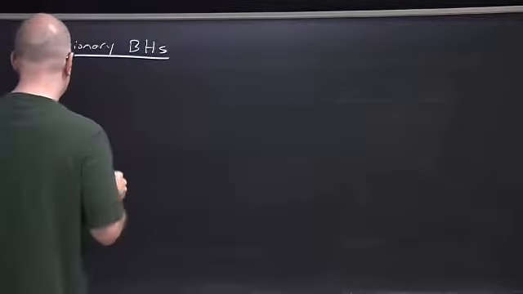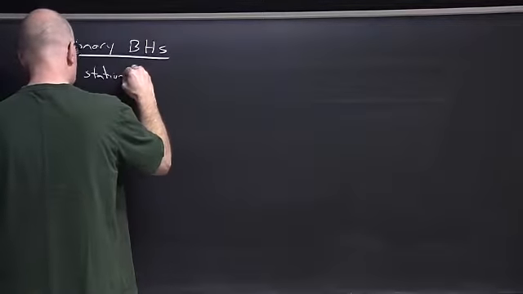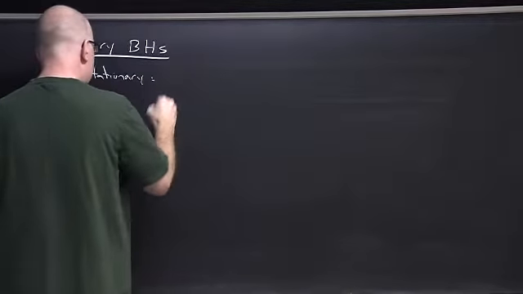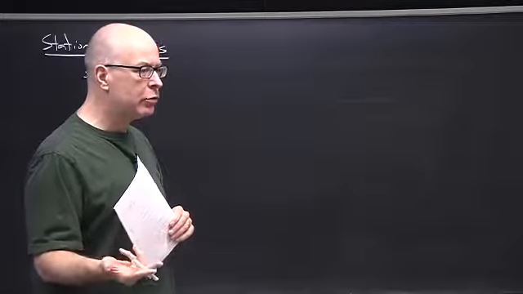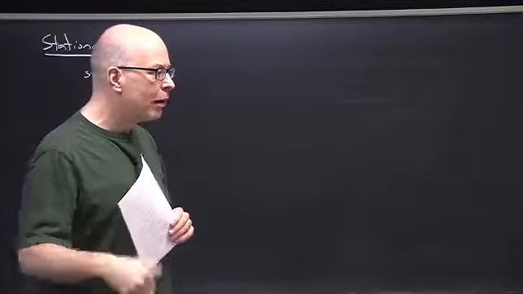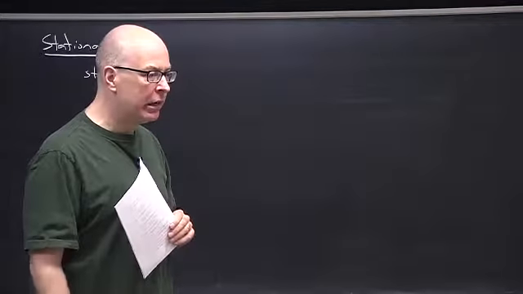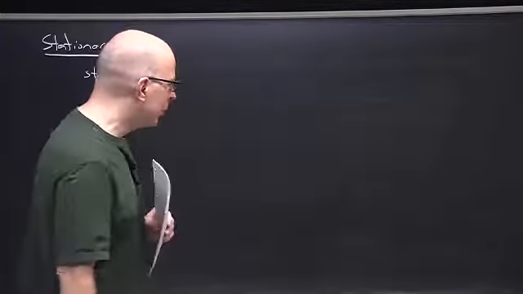So just to clarify a couple of terms, stationary in GR is always used to mean, well, in the simplistic formulation, that your metric doesn't depend on time, and whatever matter fields you might have in the spacetime also don't depend on time.